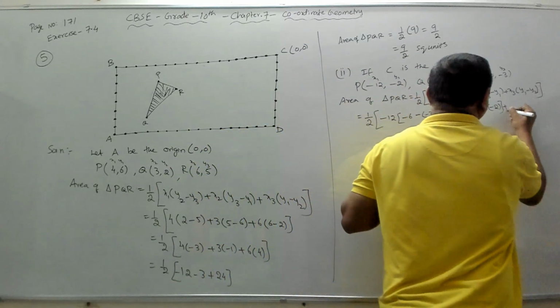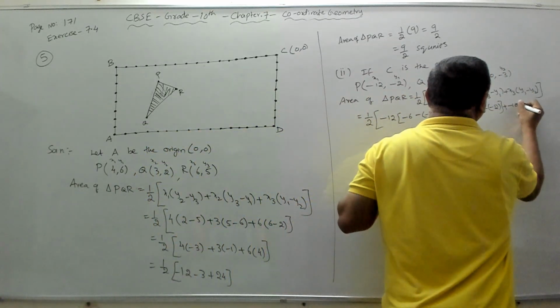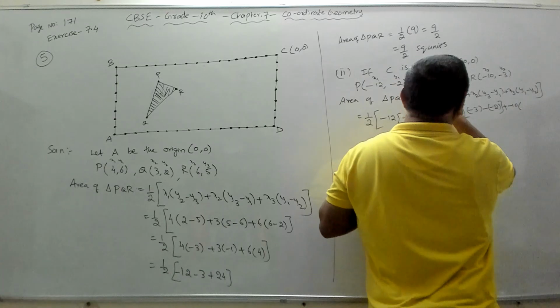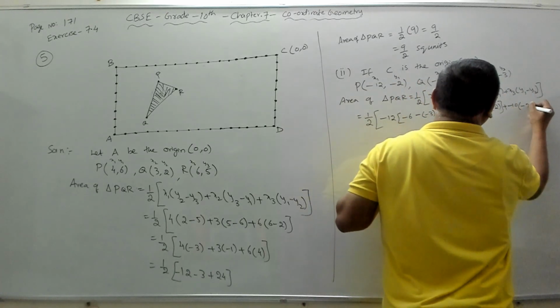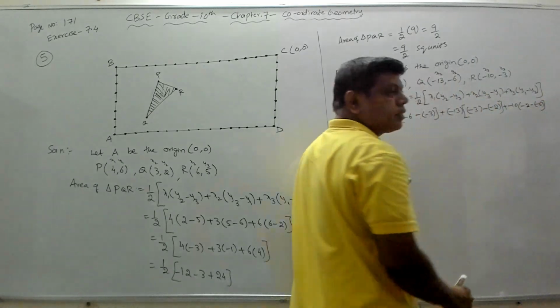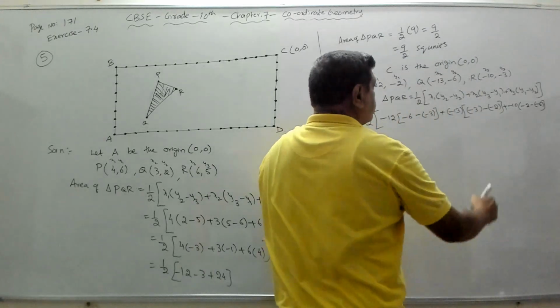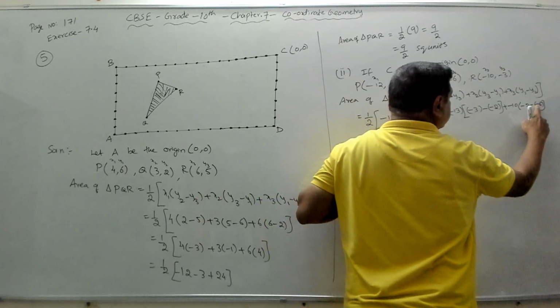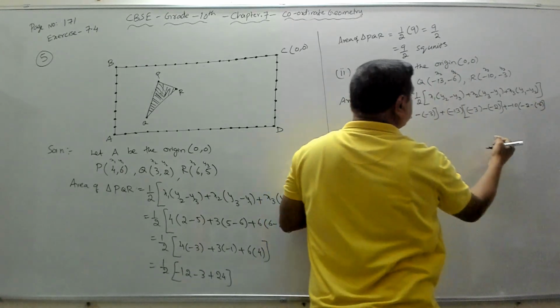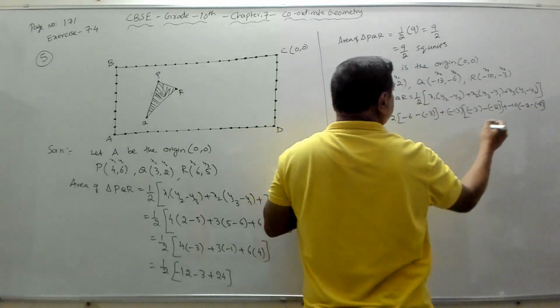Plus x3, which is minus 10, into y1 minus y2: y1 is minus 2, minus of minus 6. Then the bracket is closed. Sorry, I'm too close to the board.